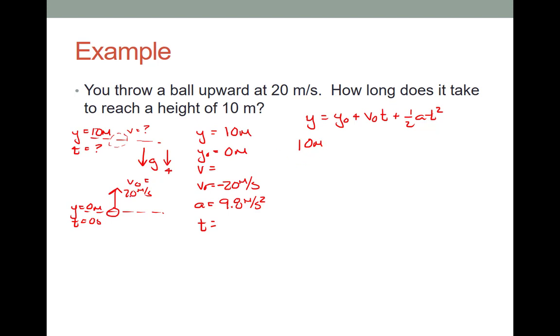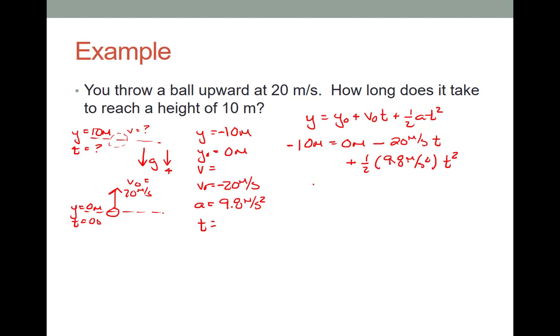We need to be careful here because with down positive, if we go upward, our final position has to be more negative than our initial position. So this has to be a negative 10 meters in the coordinate system. Our initial position is 0. We're going to subtract 20 meters per second and multiply by time. And 1/2 times 9.8 meters per second squared, t squared.